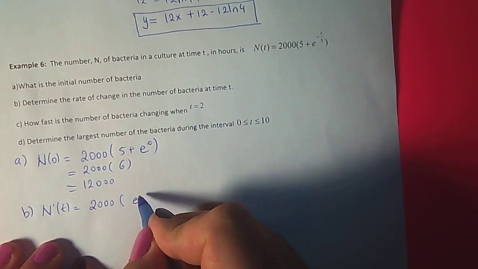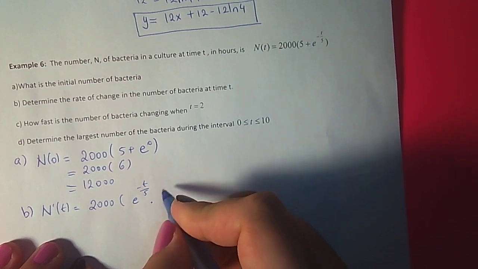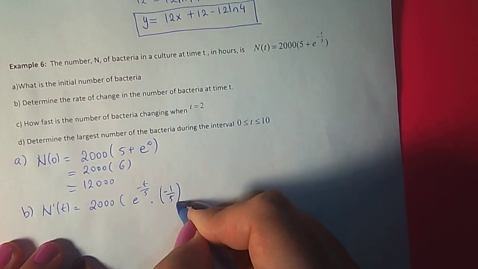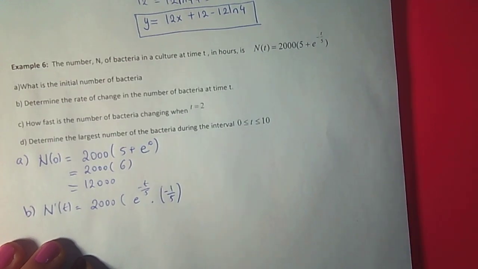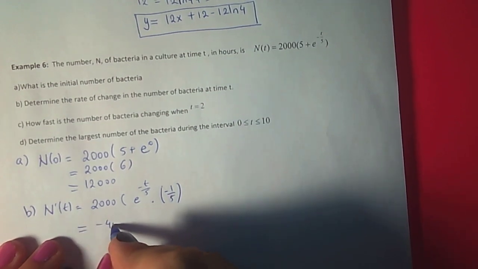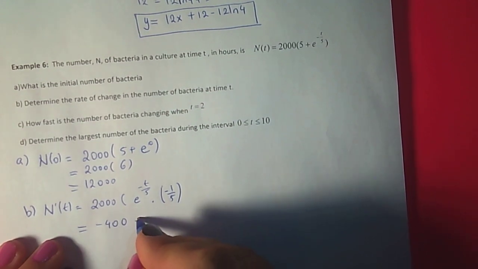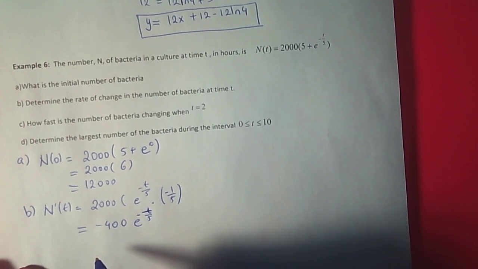Derivative of e to the power of negative t over 5 is e to the power of negative t over 5 times negative 1 over 5. Then if we multiply 2000 and negative 1 over 5, we get negative 400 e to the power of negative t over 5. Okay, that's B.